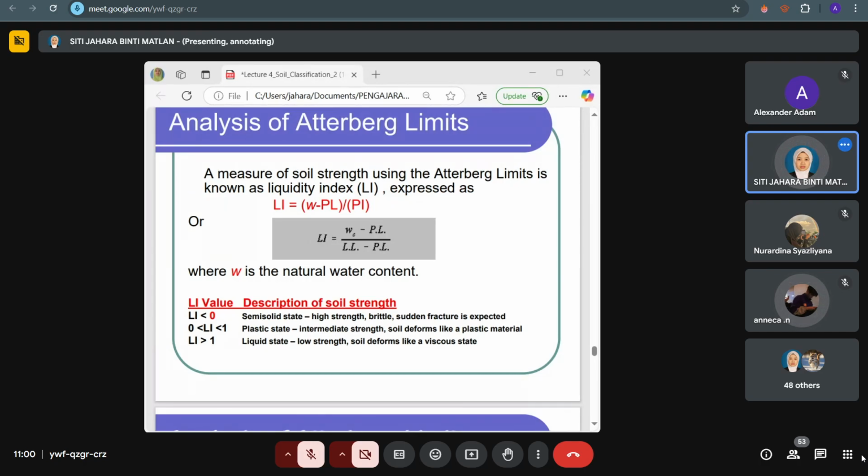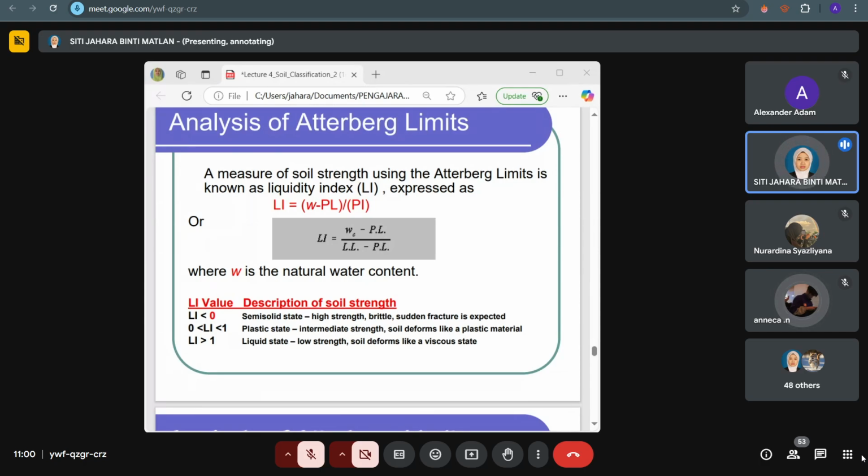Here you can see LI less than 0 indicates the semi-solid state, which is high strength, brittle, and sudden fracture is expected. While LI in the range of 0 to 1 is in plastic state, which is intermediate strength, deforming like a plastic material.